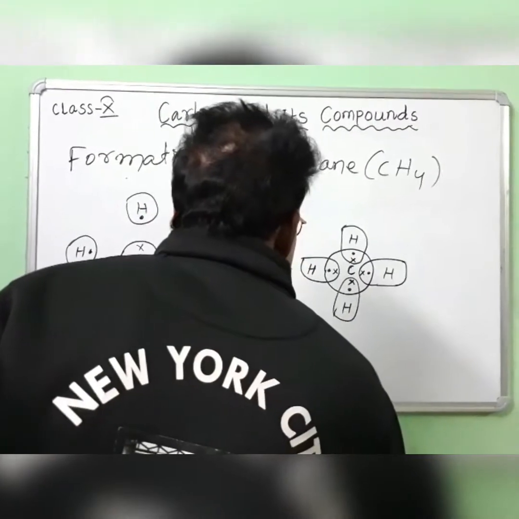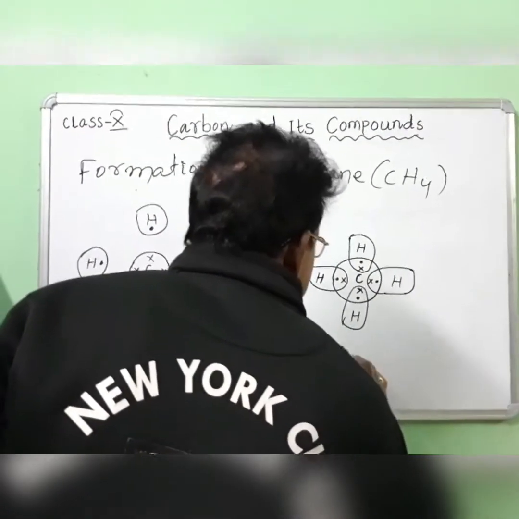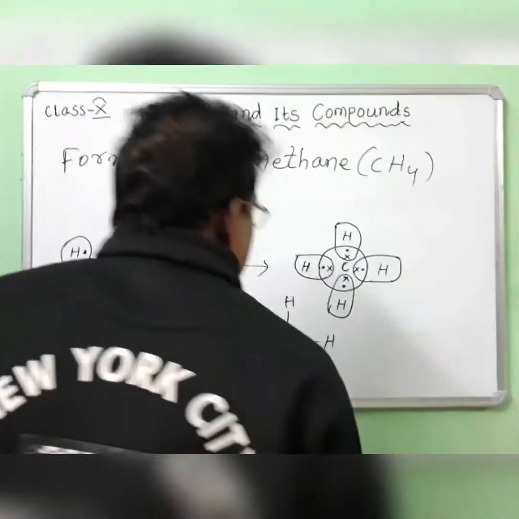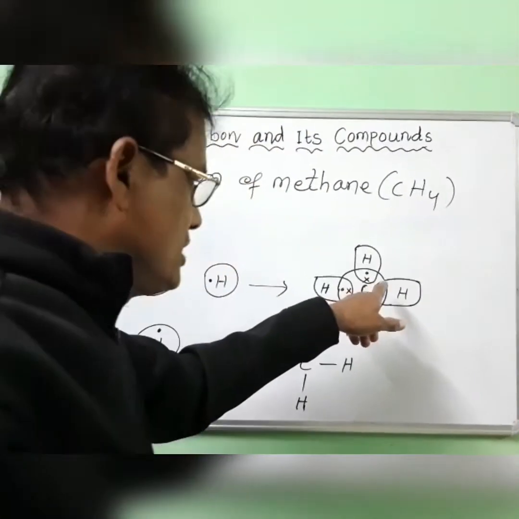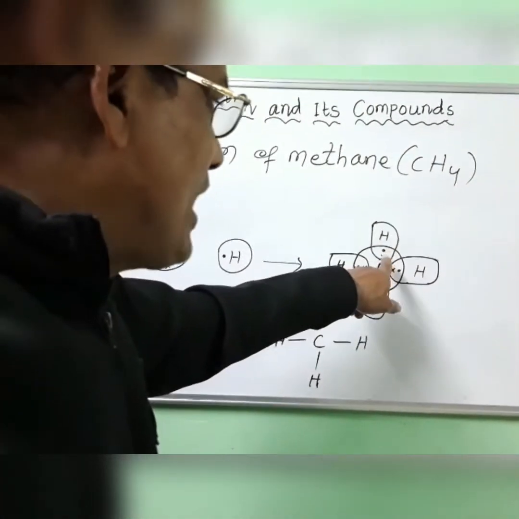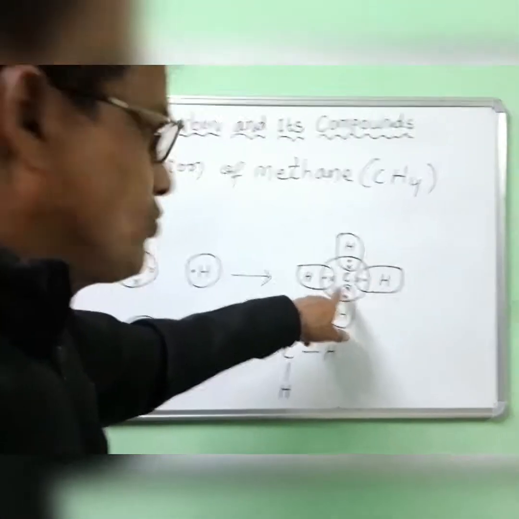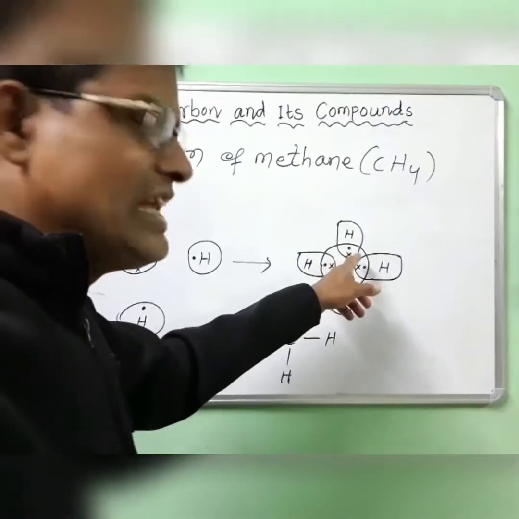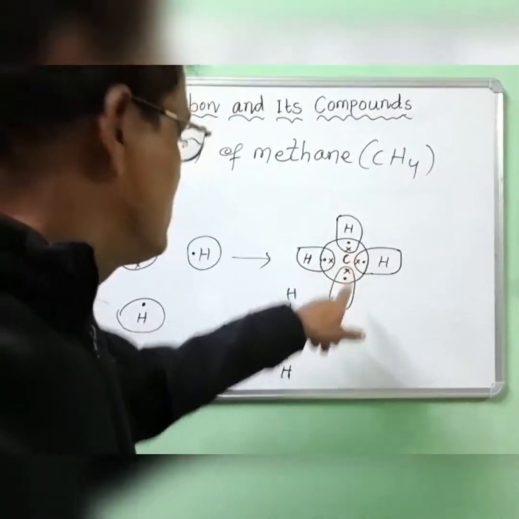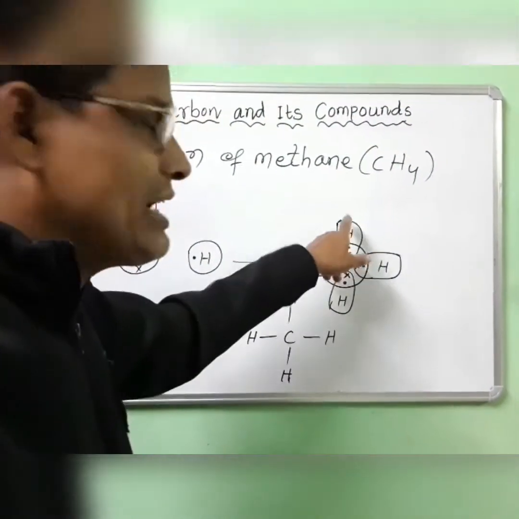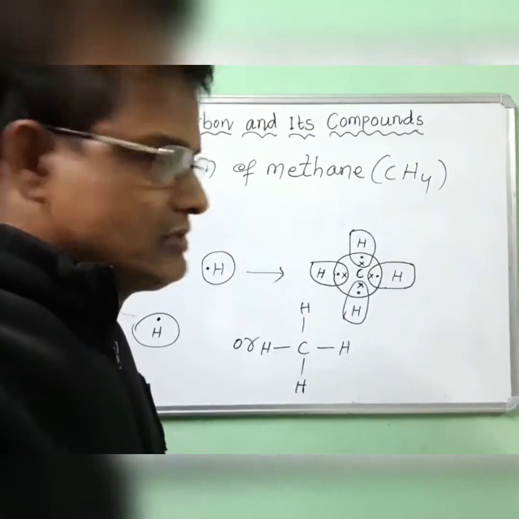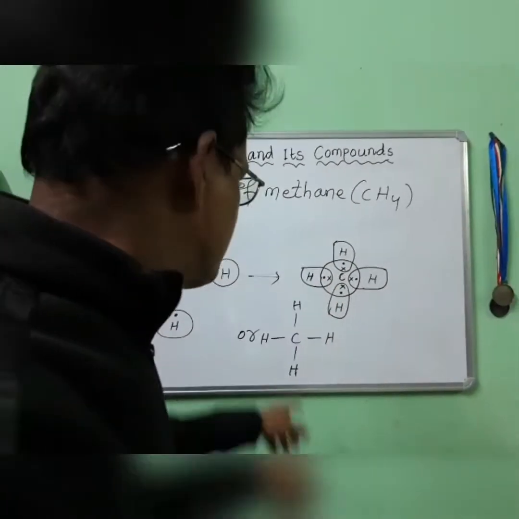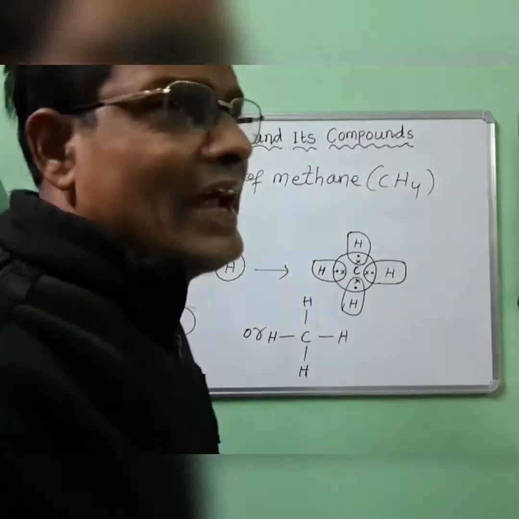So that gives CH4. Here is one pair of valence electrons, one pair. Here a single pair of shared electrons makes a single bond between the carbon and hydrogen atoms.